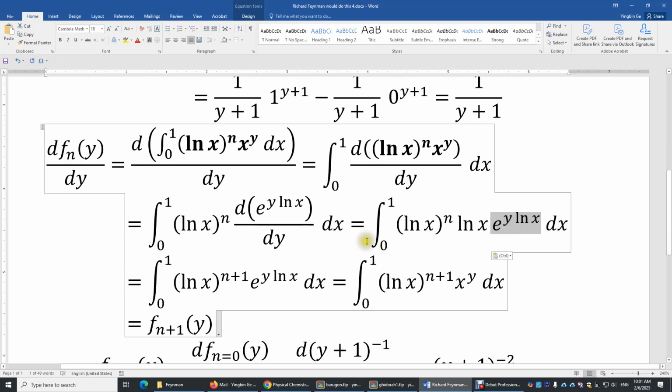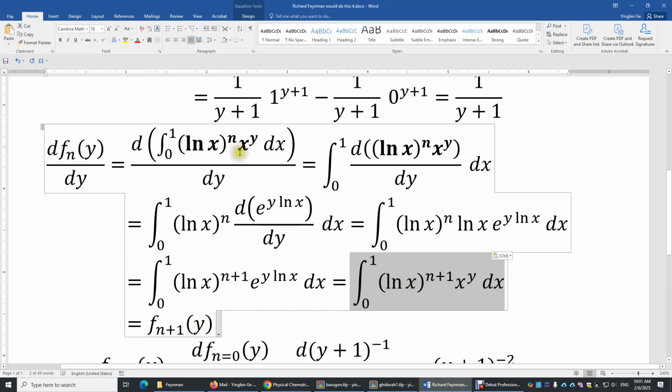We clean up, and we have the integral of ln(x) to the power of n plus 1 times this exponential function, which is equal to x to the power of y. If you look at this carefully, it's simply f sub n plus 1 of y.